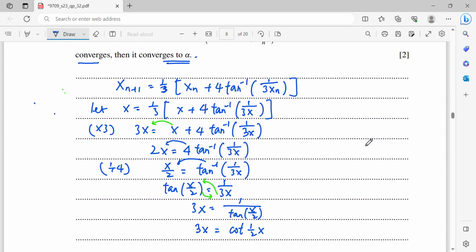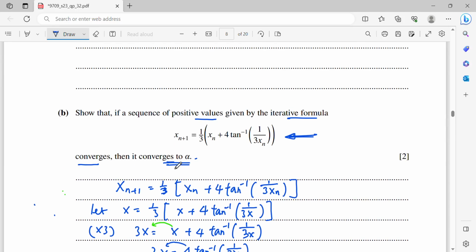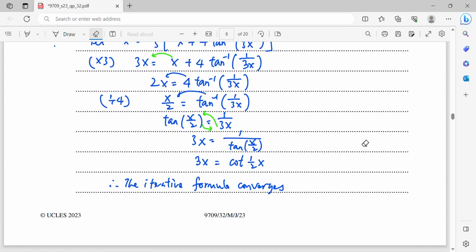Once you have proven this, then you can make the conclusion: the iterative formula converges to alpha. That's the working for this question.